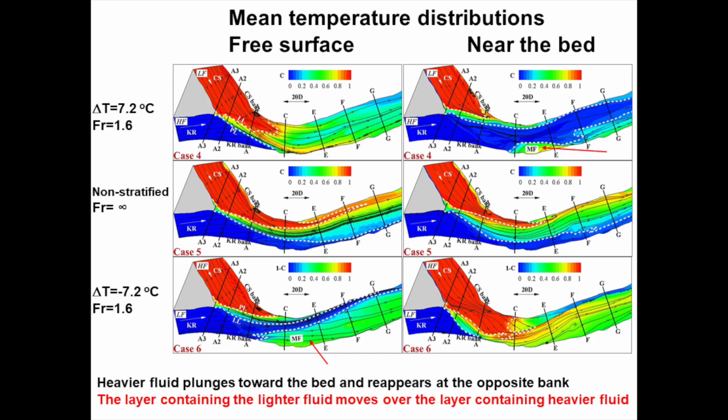Okay, and I'm going to basically show results of 3 simulations. I'm going to start with the simulation in the middle, where we are showing the temperature distribution, or rather the density distribution near the free surface and near the bottom. And here what you can see is that if the tributary is the one which has lower temperature, you start with blue on one side, and as you go downstream, the blue remains on the same side, while on the other side you start with the red.